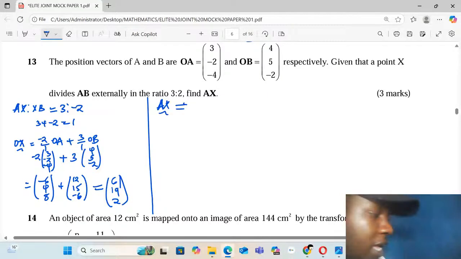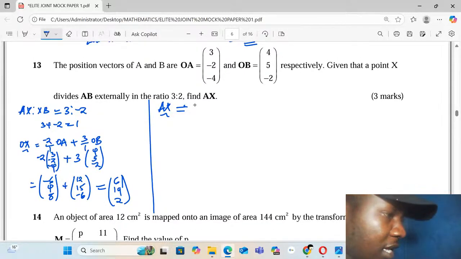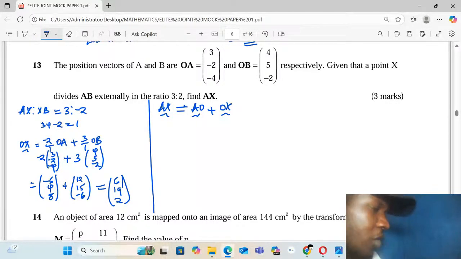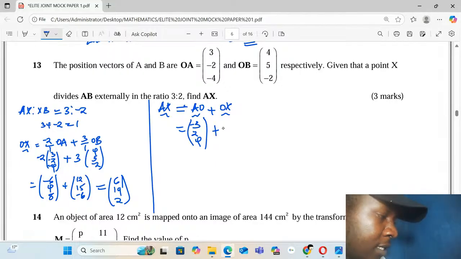So after adding the two, we look for vector AX. AX will become vector AO plus vector OX. So we have AO to be (-3, 2, 4), plus (6, 19, 2).